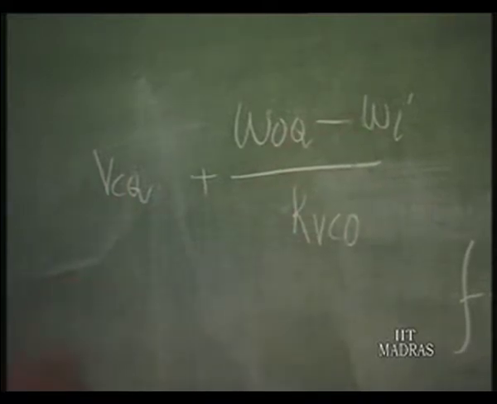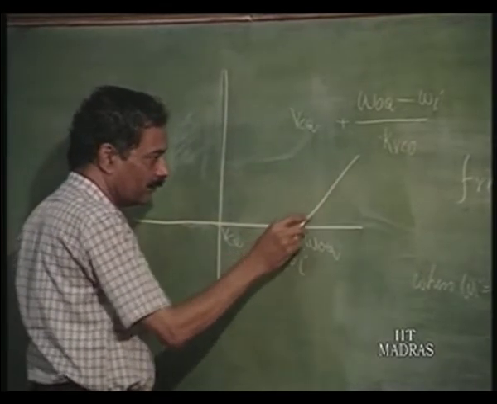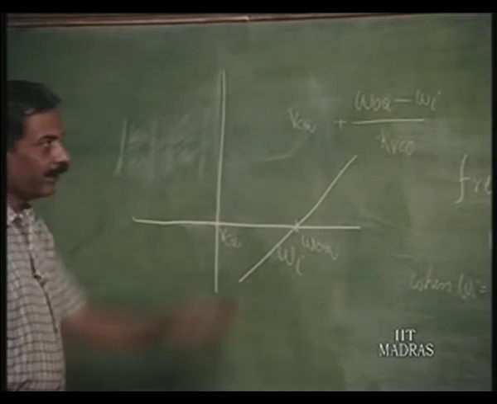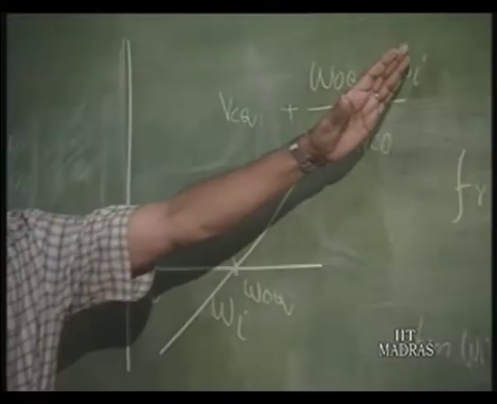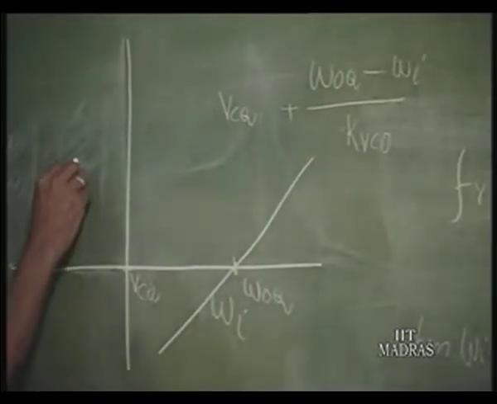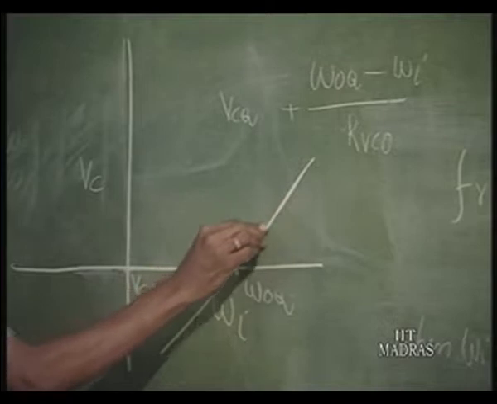So, there is going to be a sort of slope like this, linear, because my slope is minus 1 over kVco. So, this Vc versus this frequency is going to be perfectly linear.